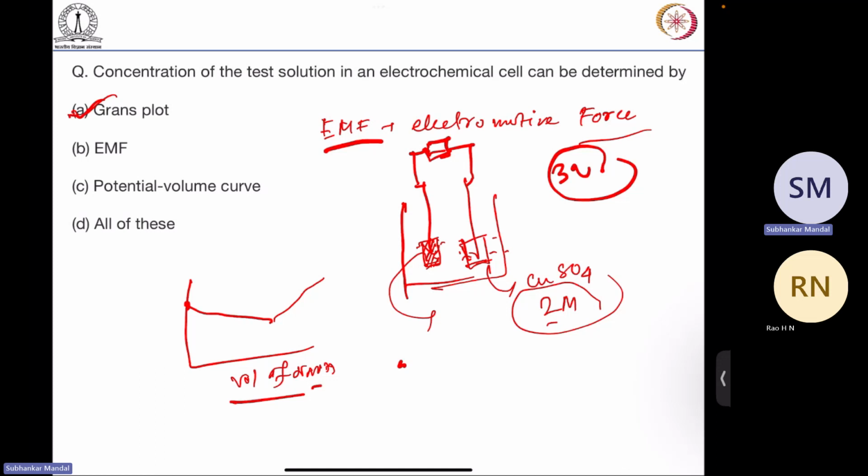One concentration should be known. From the volume alone we cannot tell. If we know the concentration of NaOH, then we can tell. But with Grant's plot, we can tell.